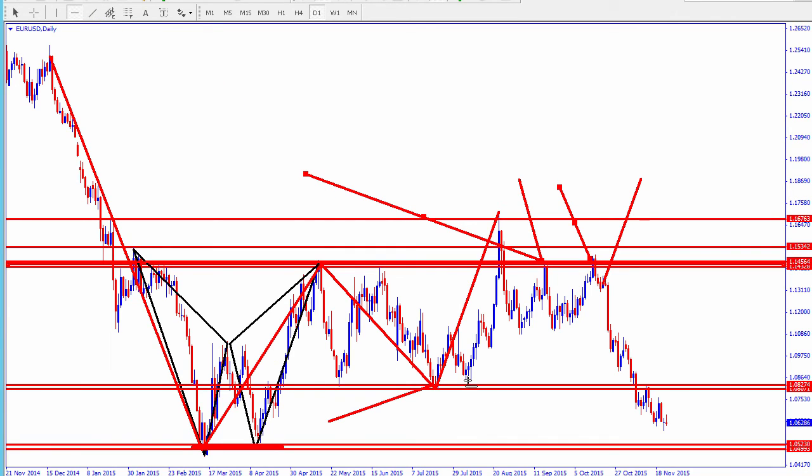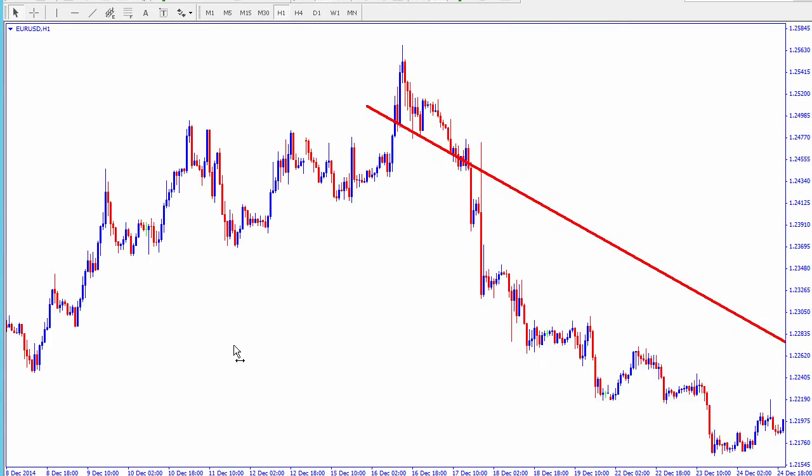And here, right? If we were just to take this data and stretch it across, you can see that on the way back up, it became important resistance again. So swing highs and swing lows become really, really important when you're trading.